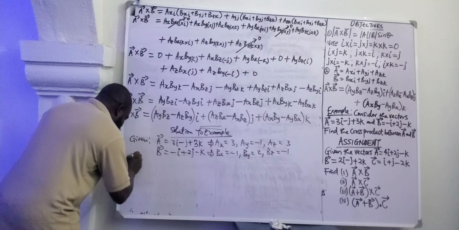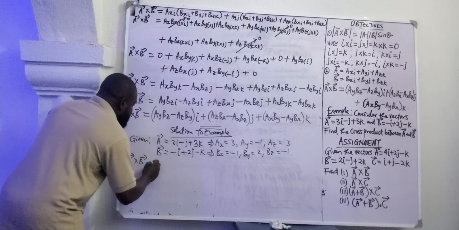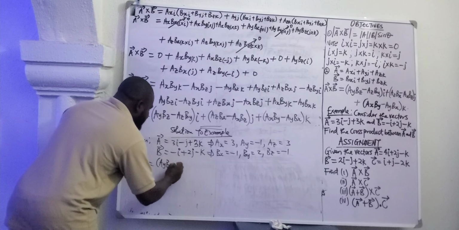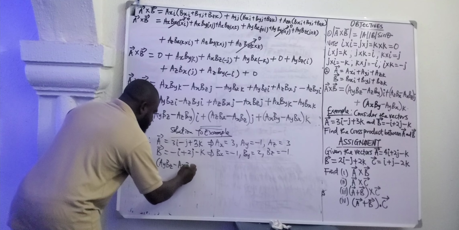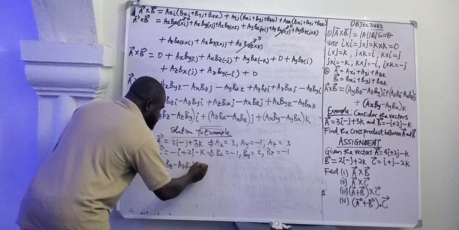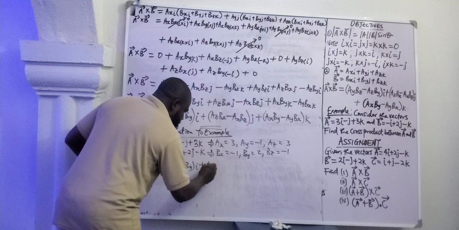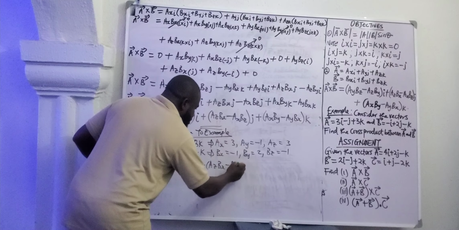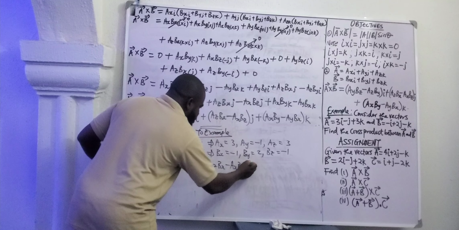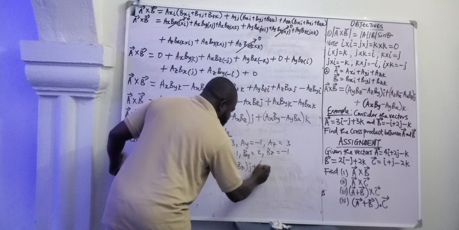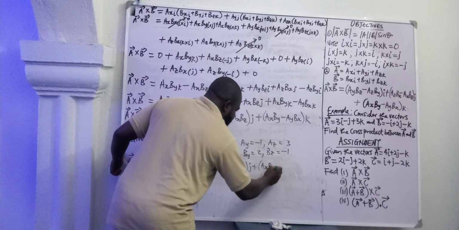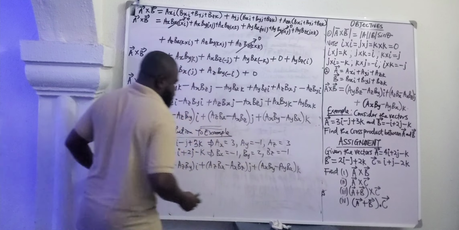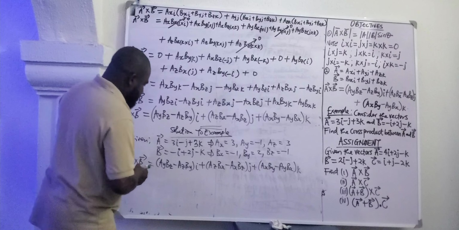So I will simply quote this equation for cross product and then substitute the values. We say A cross B is equal to (ay bz minus az by) i plus (az bx minus ax bz) j plus (ax by minus ay bx) k. So we substitute the values.